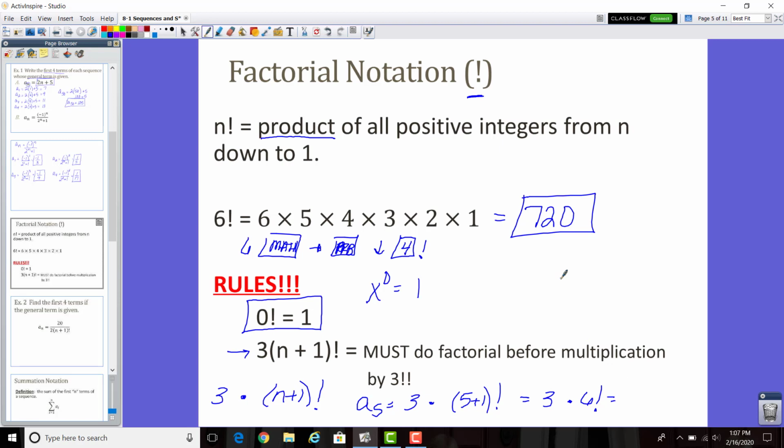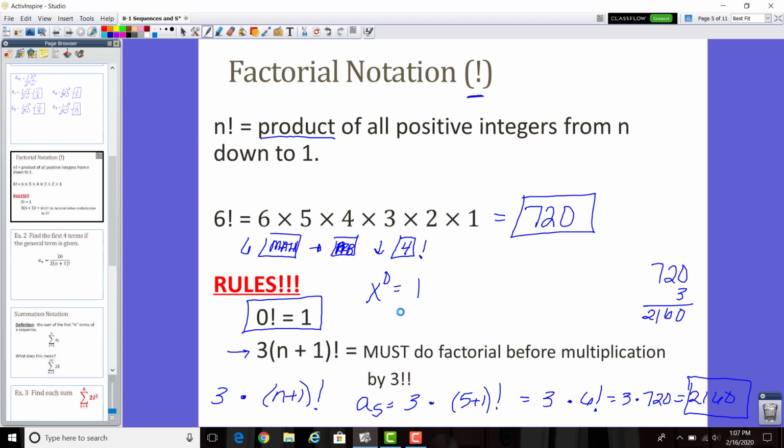We already know 6 factorial from up here is 720, so 3 times 720 is going to give me, I don't have my calculator out, so I'm going to do this by hand, 2,160. You have to make sure you're applying that factorial to only the part of the expression that it says to be applied for. This says 3 times this sum's factorial, so we have to find the sum, as our order of operations tell us, and then factorial it.